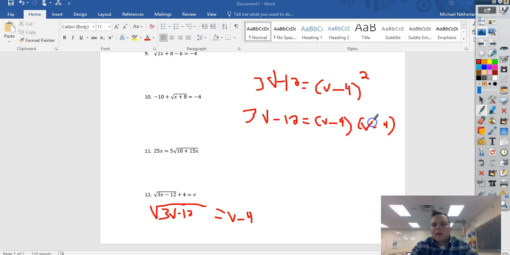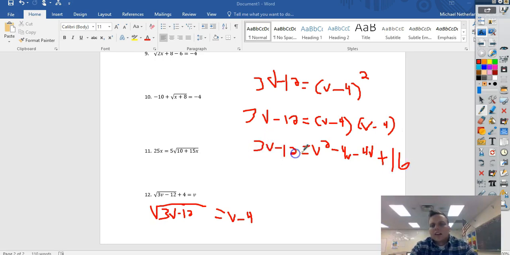I multiply. First times first is v squared. First times second is negative 4v. Second times first is negative 4v. Negative 4 times negative 4 is positive 16. And I still have a 3v minus 12 over here.